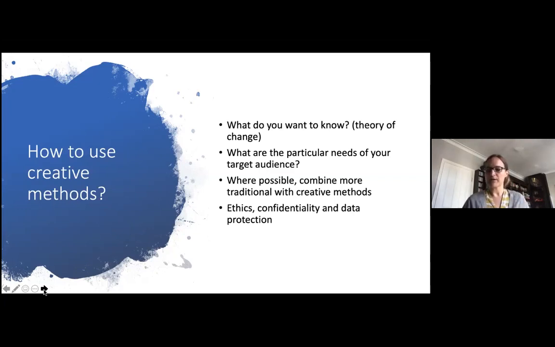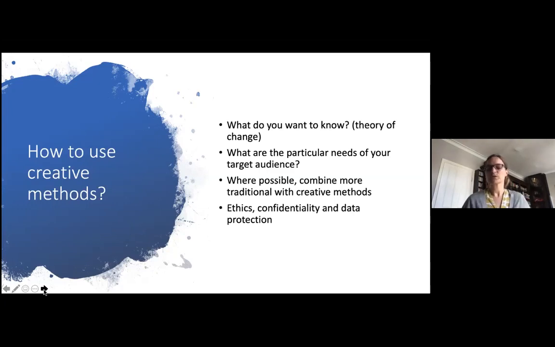So it's about describing the link between your activities, your outputs, your outcomes, and your impact. There's a link of causality rather than it seeming like a chain of unlinked events or coincidence.